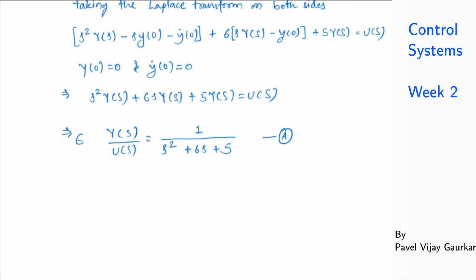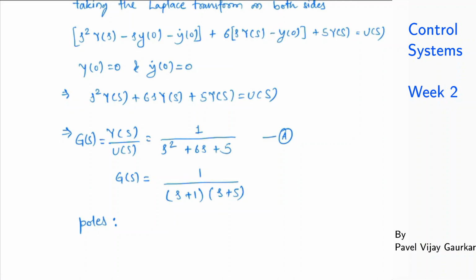So let us name this as G(s). If we factorize this transfer function G(s), we get factors s plus 1 and s plus 5. What are poles? Poles are the roots of the denominator polynomial.